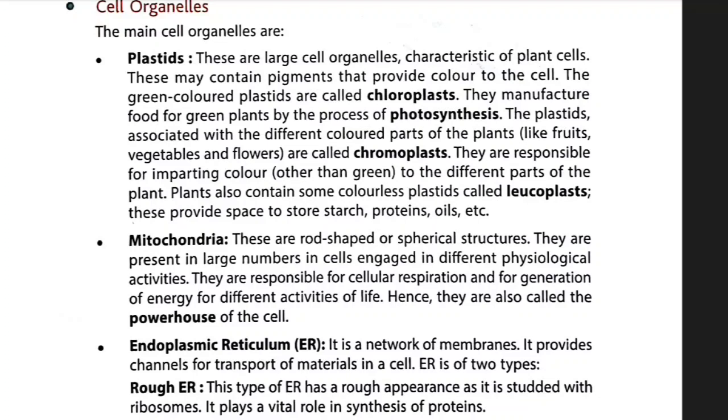The chloroplast is found only in green leaves or green parts of a plant, and it helps in performing photosynthesis.